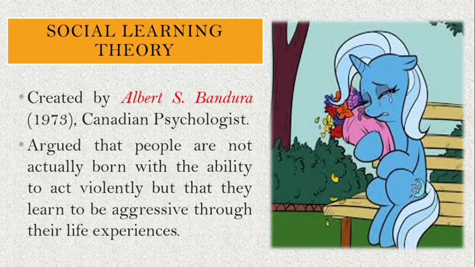Next, social learning theory. Created by Albert Bandura, a Canadian psychologist. He argued that people are not actually born with the ability to act violently, but that they learn to be aggressive through their life experiences.